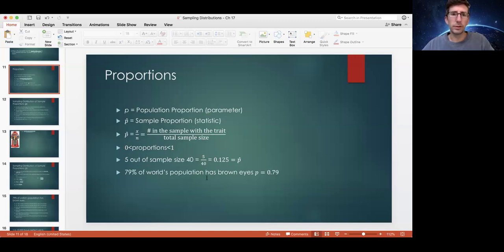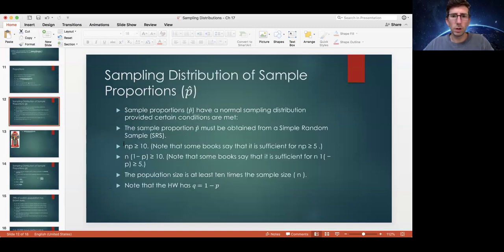And if we were to say 79% of the world's population has brown eyes, then we're talking about a population. So our p, our population proportion, would be equal to 0.79 or 79% in that case. Okay.